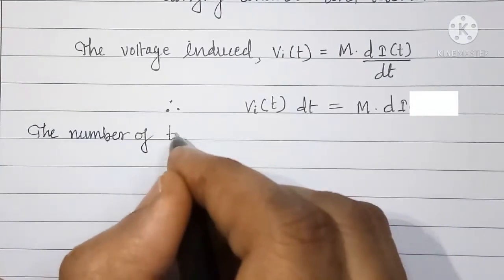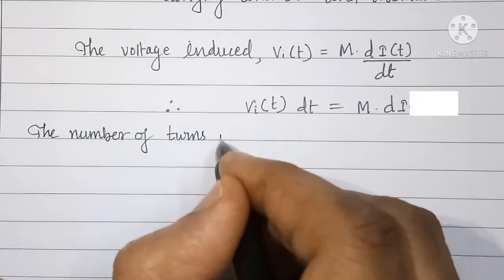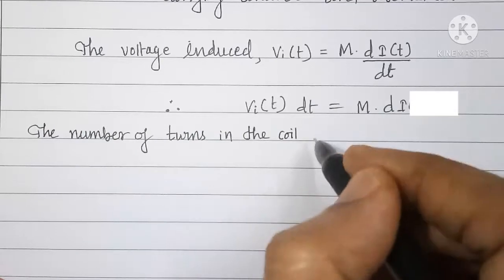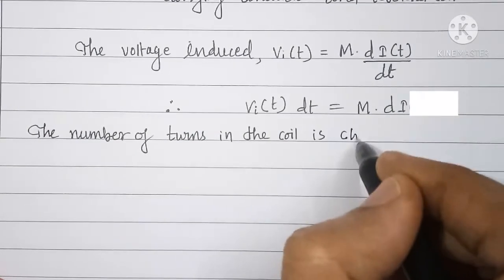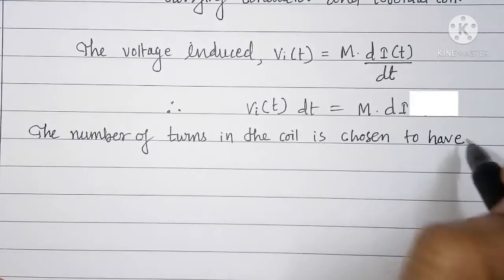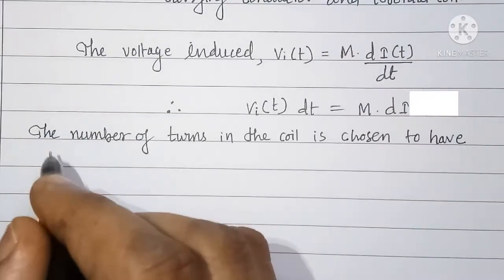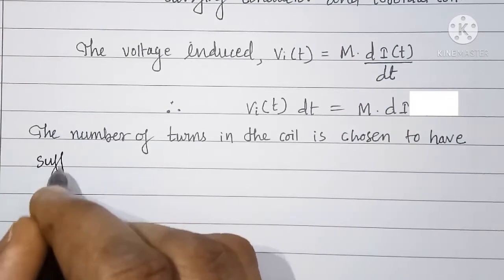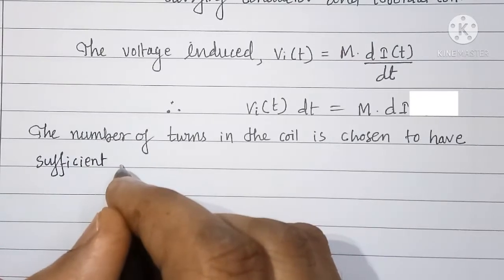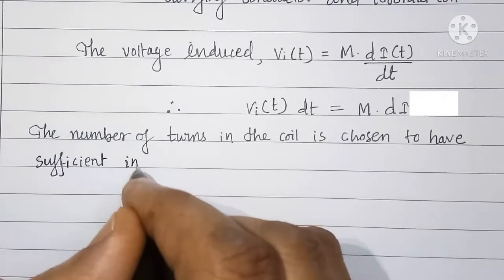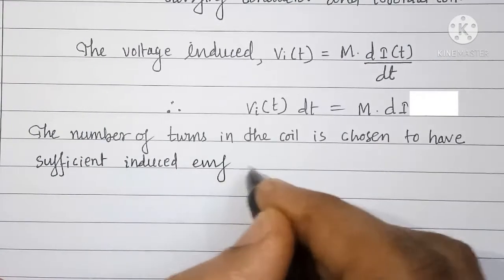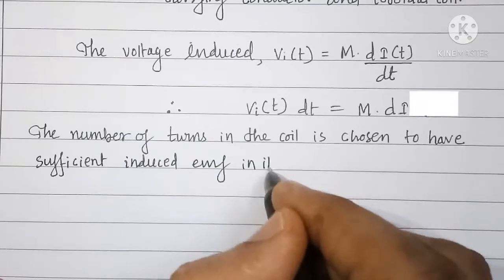The number of turns in the coil is chosen to have sufficient induced EMF in it.